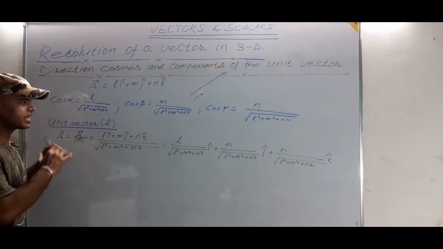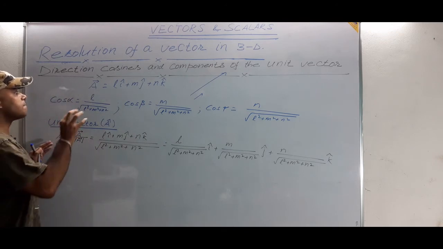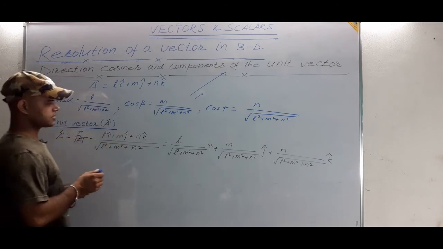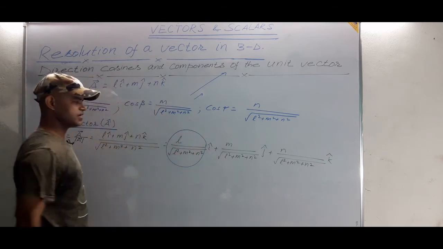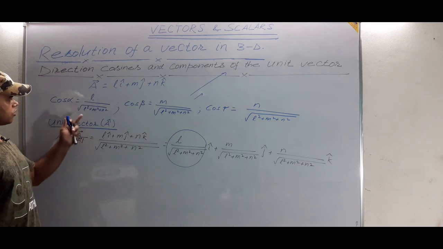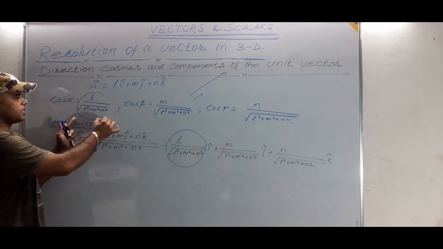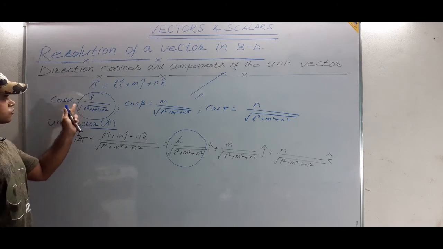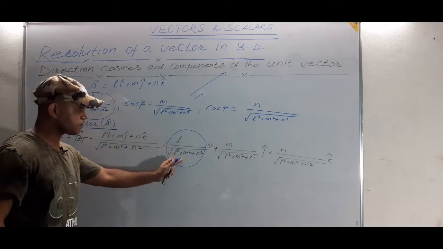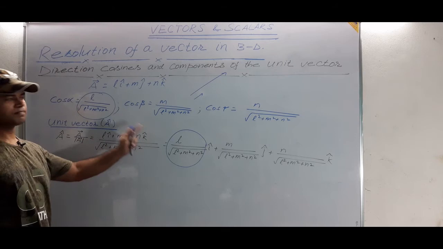Now look carefully at the components of this unit vector. The x component is L upon root of L square plus m square plus n square. Look here also, L upon root of L square plus m square plus n square, that is cos alpha. So cos alpha and the x component of the unit vector are the same, right?